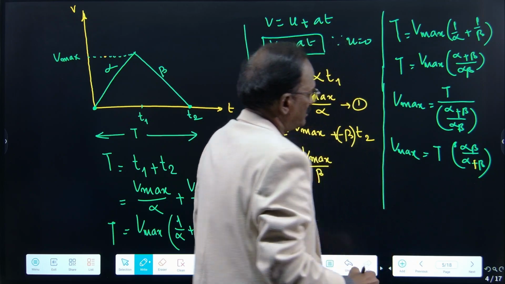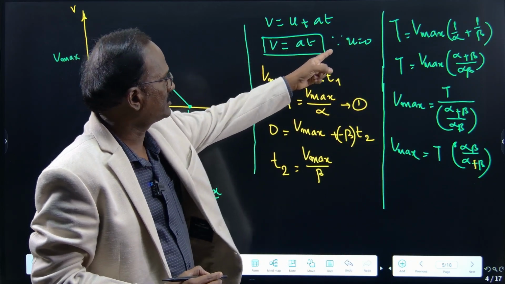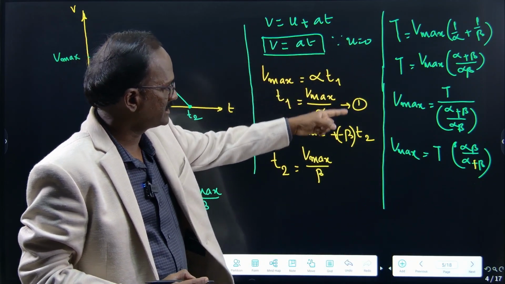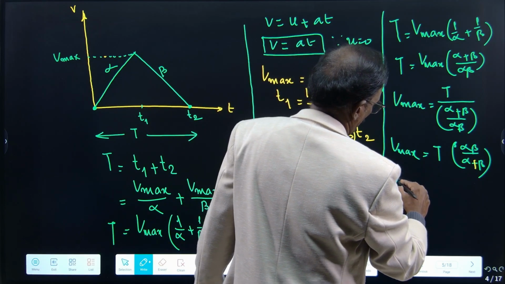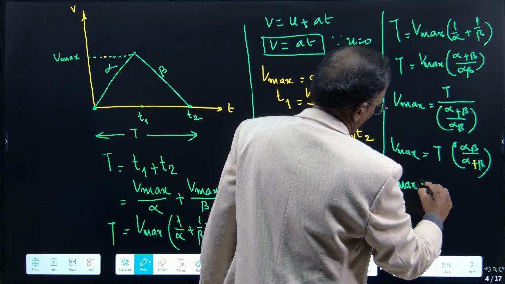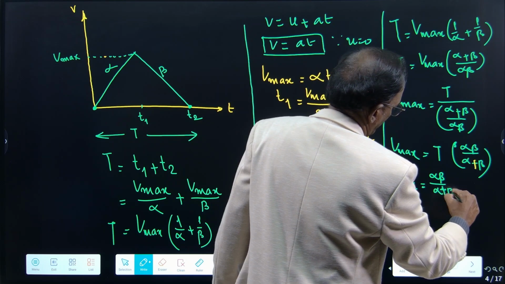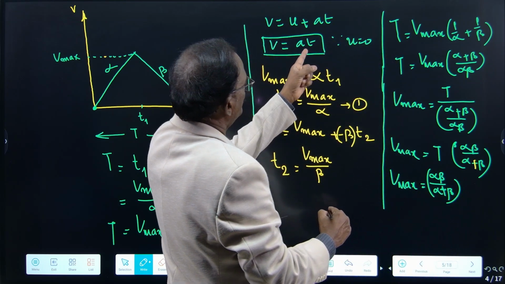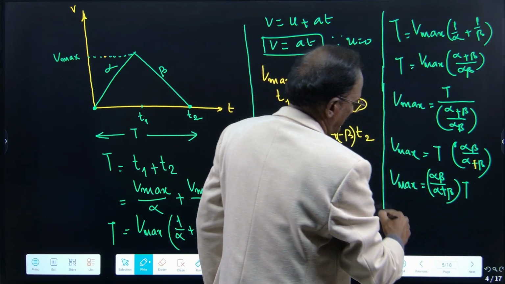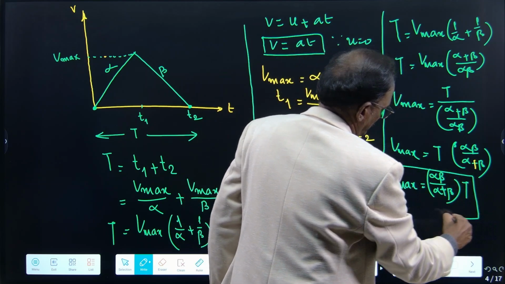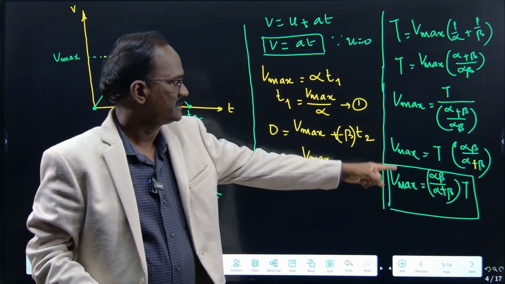V max is equal to, if you compare this equation with this one, V is equal to A into T. So V max is equal to, instead of A we are having alpha beta divided by alpha plus beta. Instead of small t we are having the capital T. You compare these two equations.